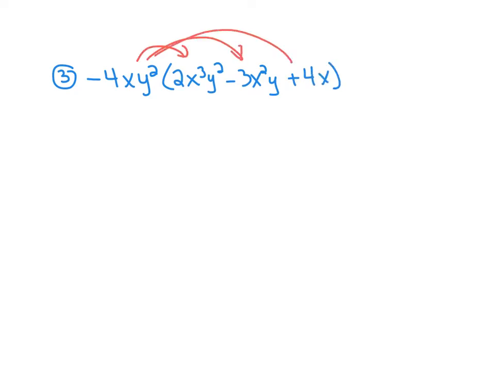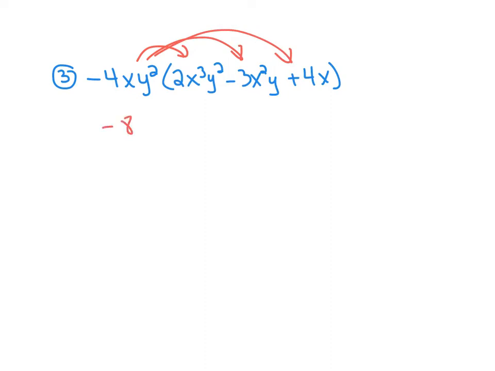All right, let's look at this one. Negative 4xy squared times 2x cubed y squared minus 3x squared y plus 4x. So again, distribute, distribute, distribute.